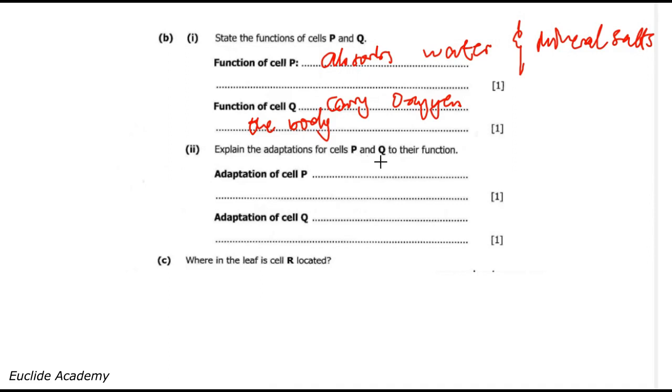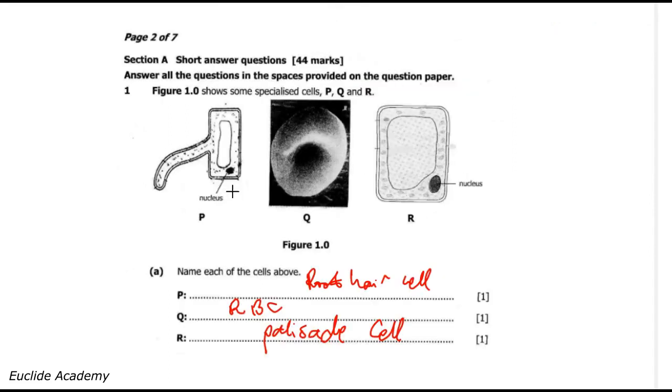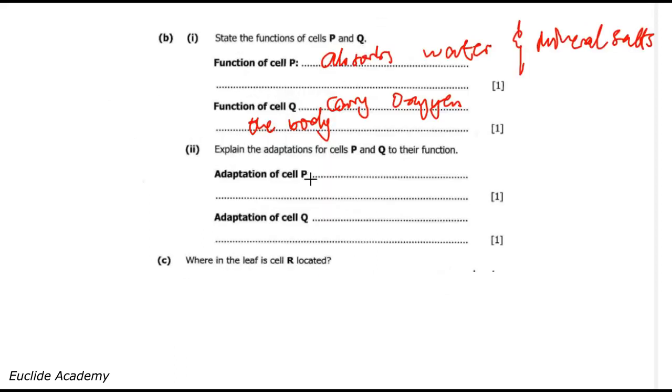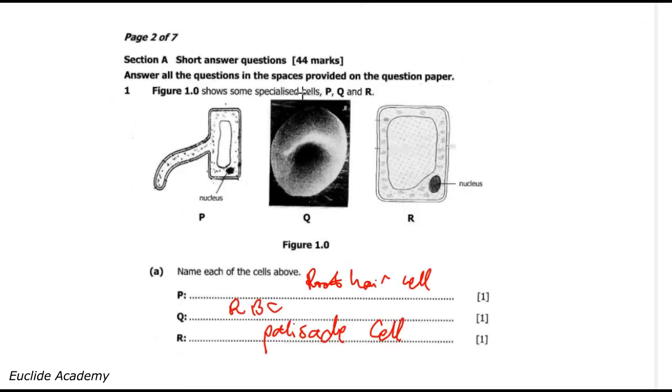Explain the adaptations of cells P and Q to their functions. How are they adapted to their functions? What gives cell P its advantage?